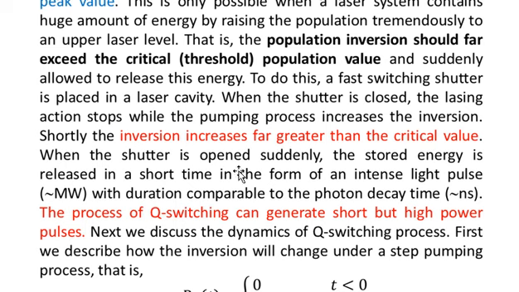When the shutter is opened suddenly, the stored energy is released in a short time in the form of an intense light pulse of the order of megawatt with a duration comparable to the photon decay time, that is of the order of nanoseconds. The process of Q switching can generate short but very high power pulses.